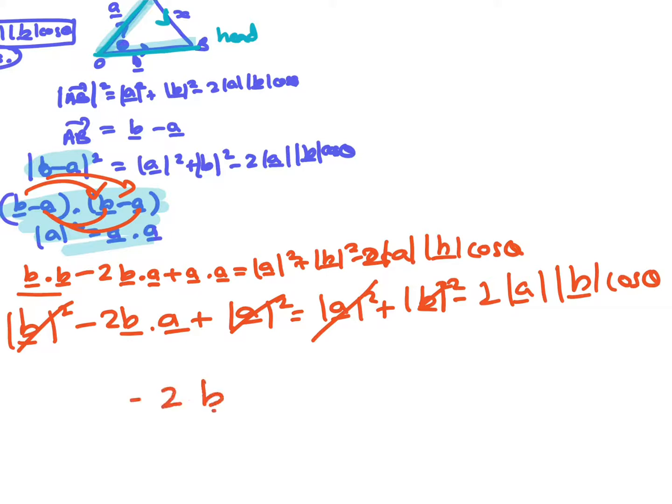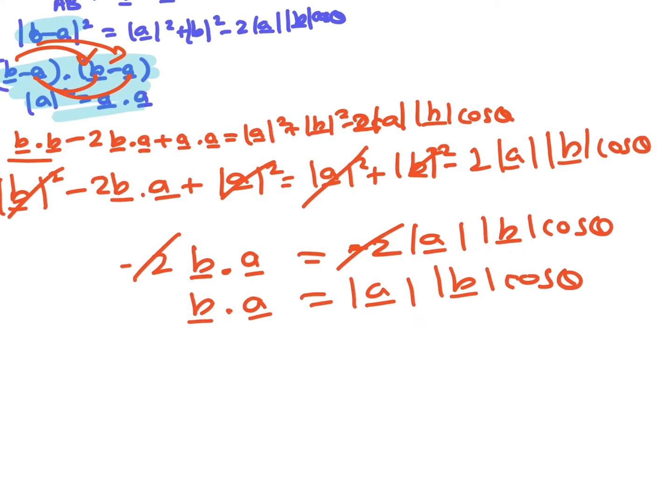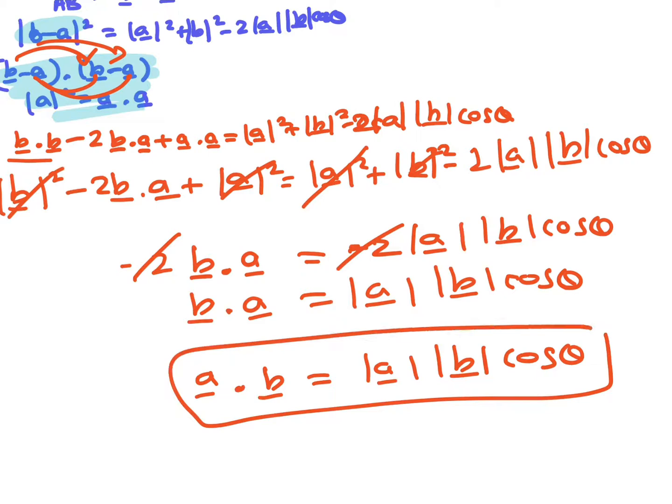So you have minus 2B dot A equals minus 2 mod A mod B cos theta. The minus 2's will cancel out and you have B dot A equals mod A mod B cos theta. So B dot A is the same as A dot B, mod A mod B cos theta. And yeah, that's basically the rule.